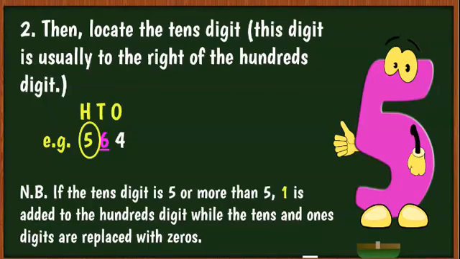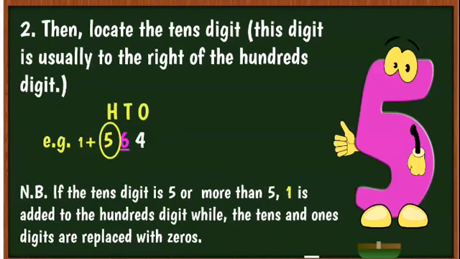So that's our 6. Now, if the tens digit is 5 or more than 5, 1 is added to the hundreds digit, while the tens and ones digits are replaced with zeros.